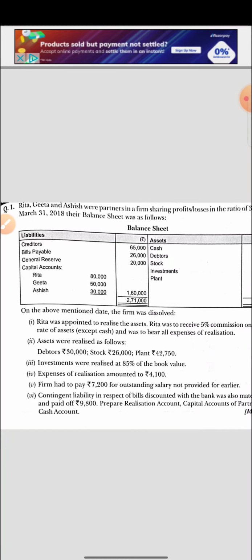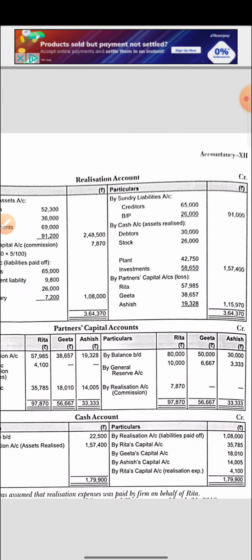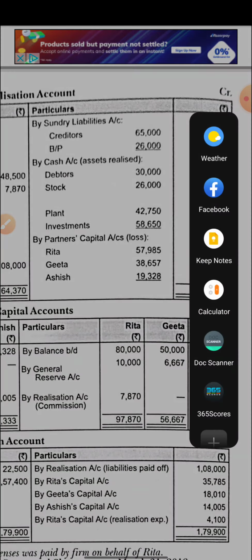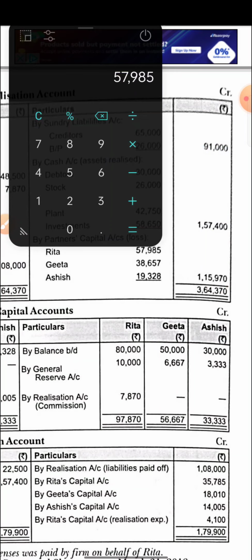Now general reserve. What to do with general reserve? General reserve has to be distributed among the partners according to their ratio. Now, what was the ratio? The money is 20,000, and it has to be divided 3 divided by 6.